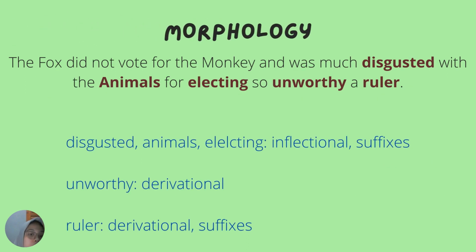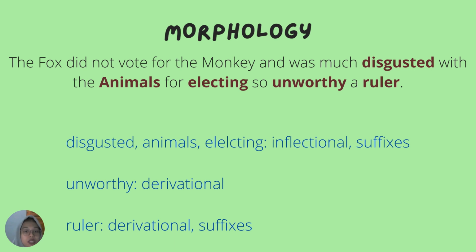Next, the fox did not vote for the monkey and was much disgusted with the animals for electing so unworthy a ruler. So, disgusted, animals, electing are inflectional. They have two morphemes, a free morpheme and one bound morpheme. They are -ed, -s, and -ing, and they are suffixes.